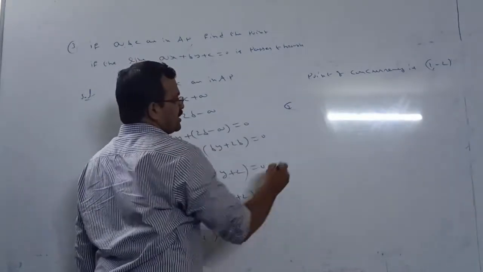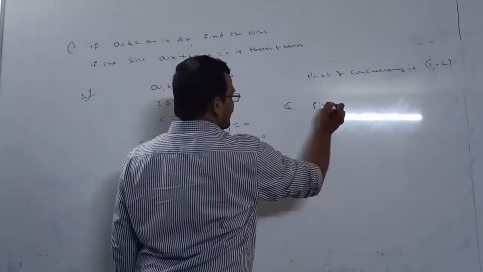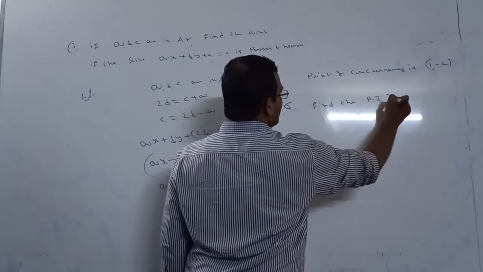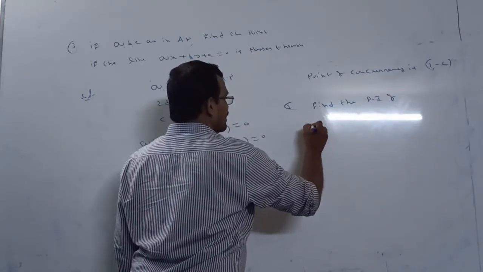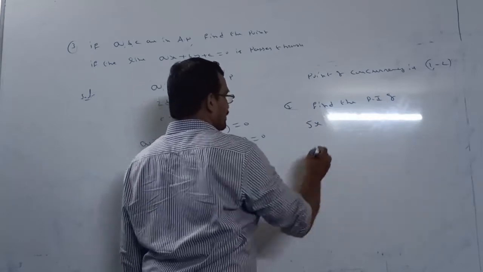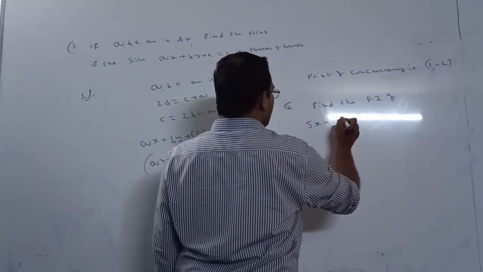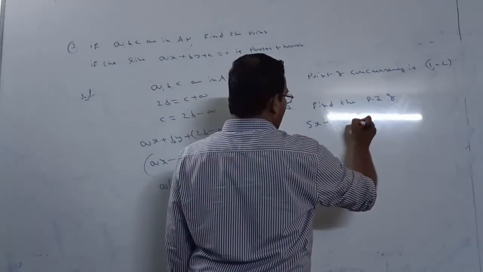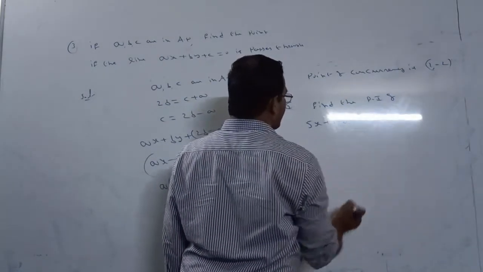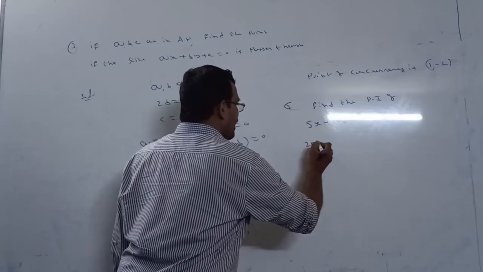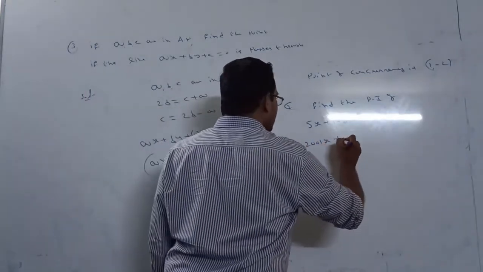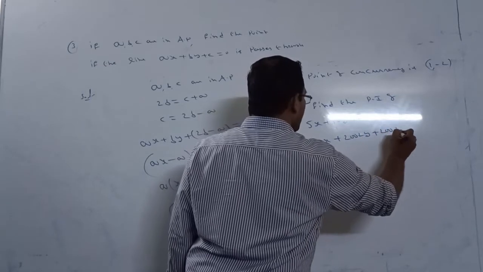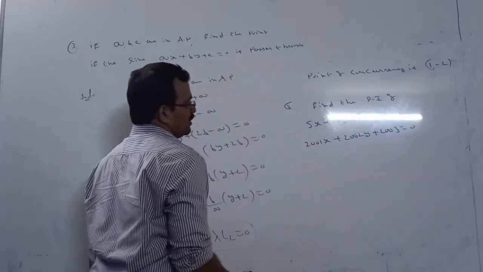One more question. Find the point of intersection of 5x plus 10y plus 15 equal to 0, and 2001x plus 2002y plus 2003 equal to 0.